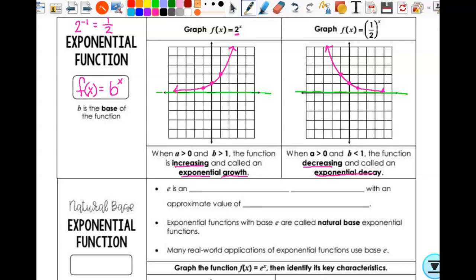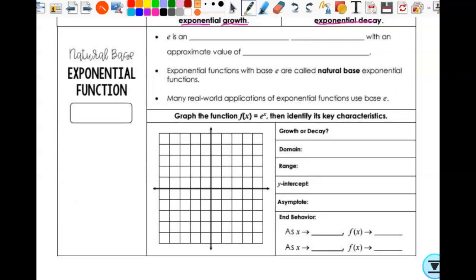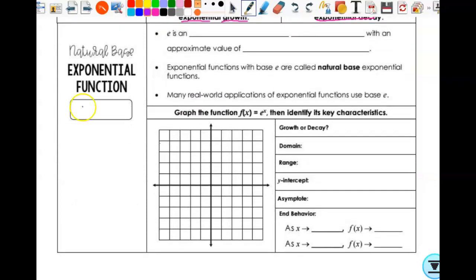So with these, all of our bases are rational numbers, but we have what's called a natural base exponential function. And that looks like this. F of x is equal to e to the x, where e is your base. E is a number, just like pi is.